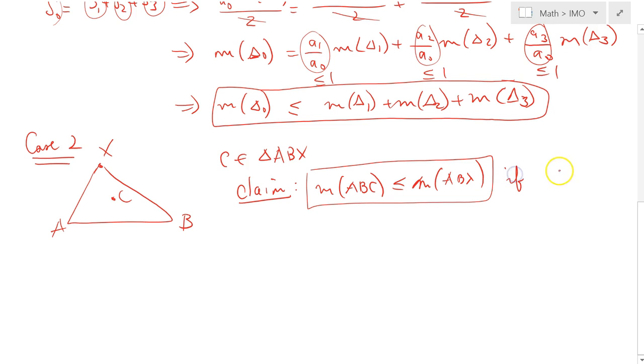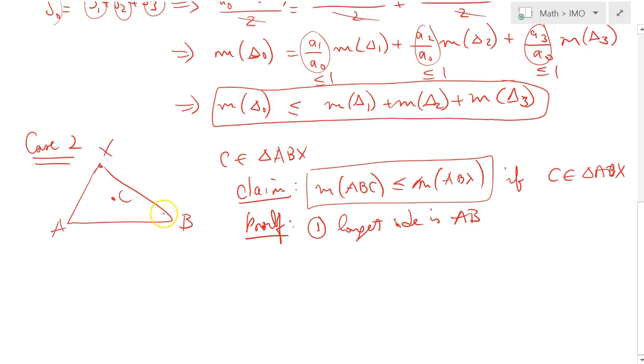If C is inside triangle ABX as we claimed, the proof will depend on another casework. Case 1 is that the longest side is AB.